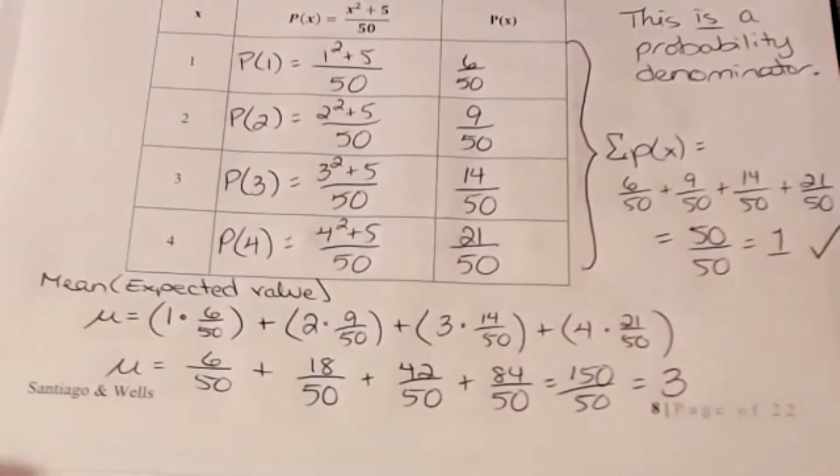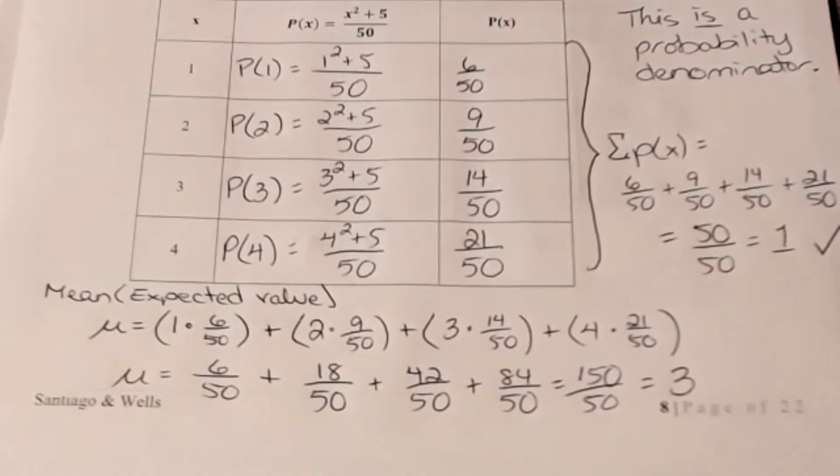So the mean, the average for this probability distribution is 3. Okay, that is our mean. That's our expected value. Any questions on the calculation?